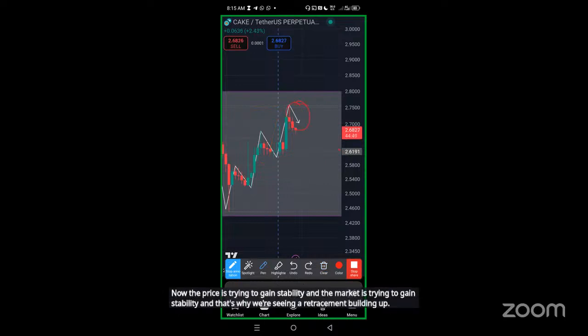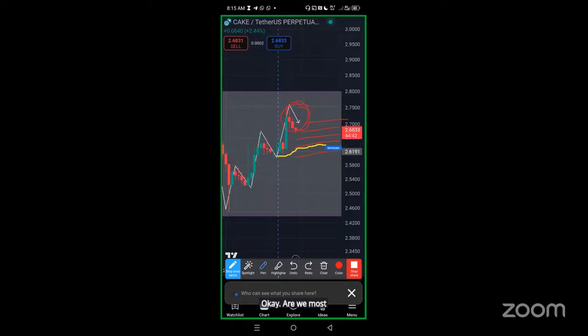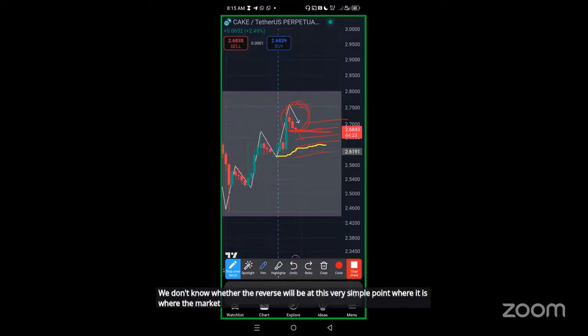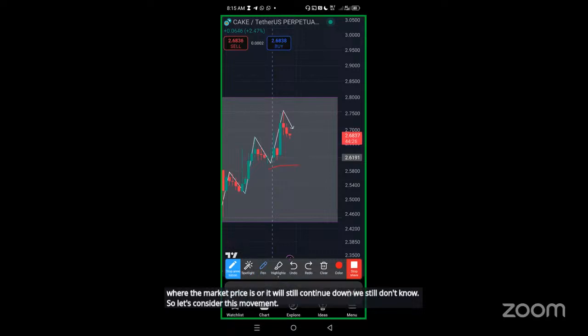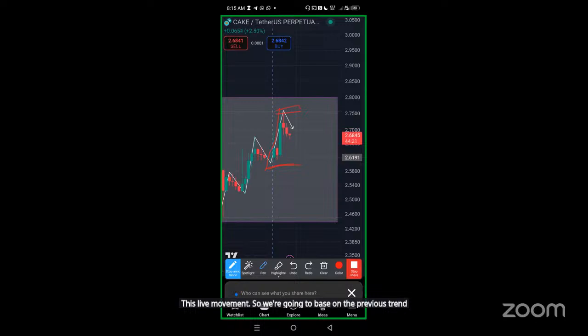Now, this retracement here, we are not very sure at what price level we are most likely going to see the retracement or the pullback. We don't know whether the reversal will be at this very same point where the market price is, or it will still continue down. We still don't know. So let's consider this live movement. We're going to base on the previous trend or expansion to establish our Fibonacci levels.